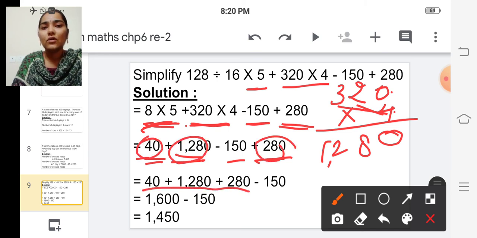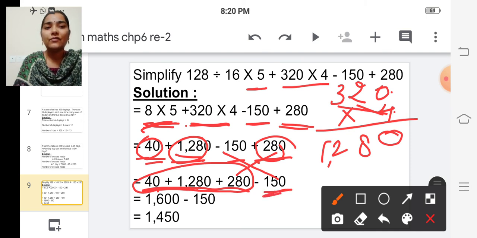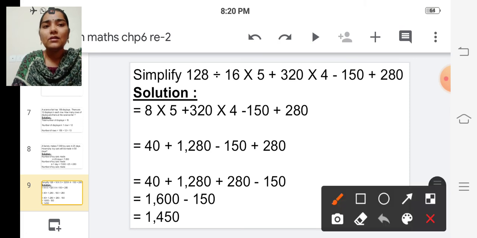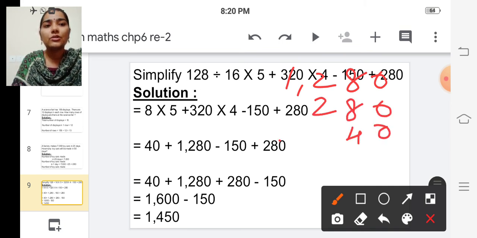First we will add these three numbers, and then from that we will subtract 150. So we are going to add 40, 1280 and 280.